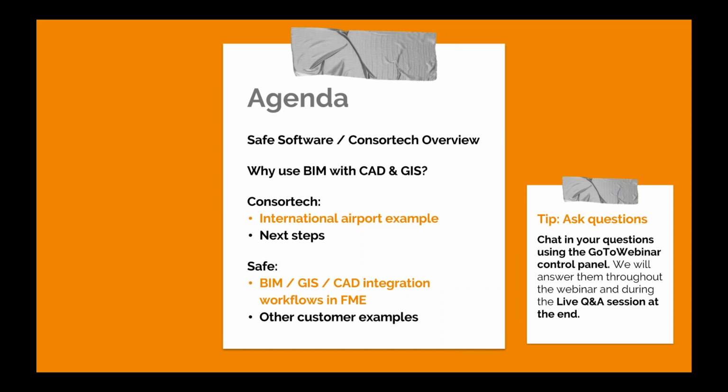Right at the top, we'll have a quick look at what BIM is, and what advantages a BIM approach gives us. And then in a minute, we'll hand it over to Concert Tech. They have a really cool example built on an international airport project that they've done.